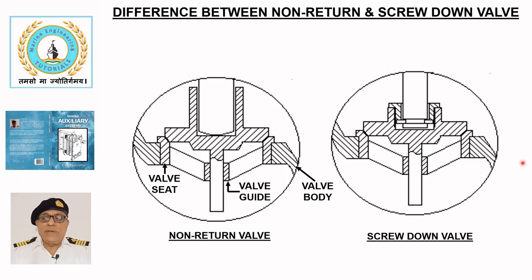The valve seat guides the valve disc centrally so that the valve disc moves straight up and down. Around the valve guide, the seat has several fluid ports through which the liquid flows.